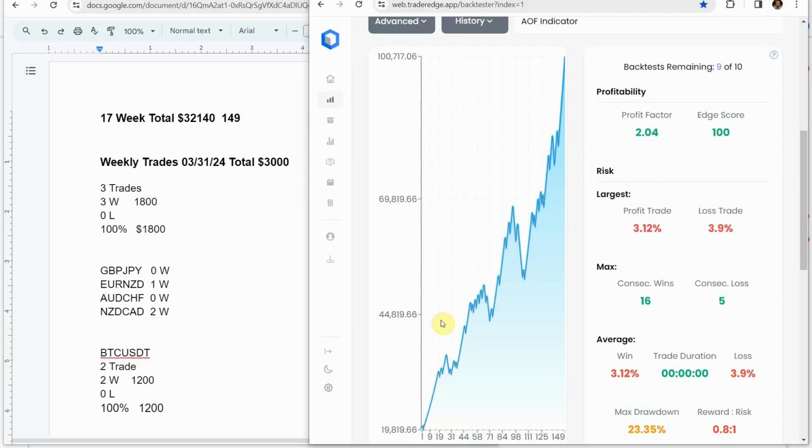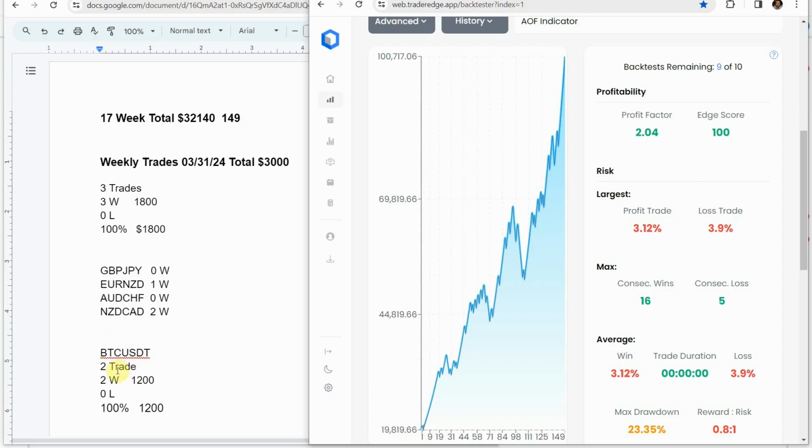So let's go ahead and go over the weekly signal. So this is using the Academy of Forex indicator on these 4 Forex pairs and this one crypto coin, on the 30-minute time frame. Each week we are keeping track of the trades that the Academy of Forex indicator gave us. And so last week on the Forex pairs, we had 3 trades altogether, 3 winning trades, a 100% win rate, would have been a gain of $1,800.